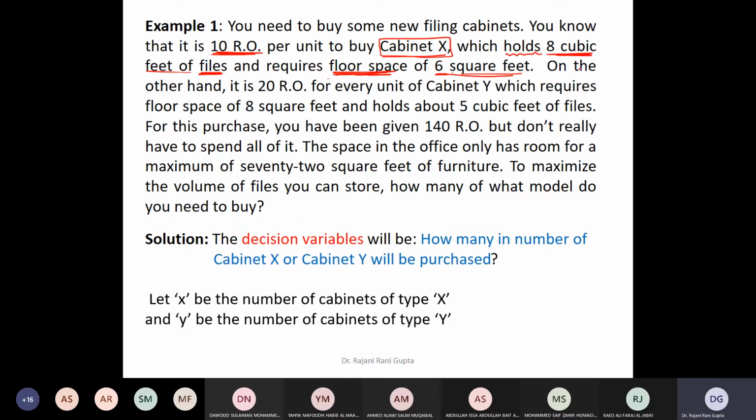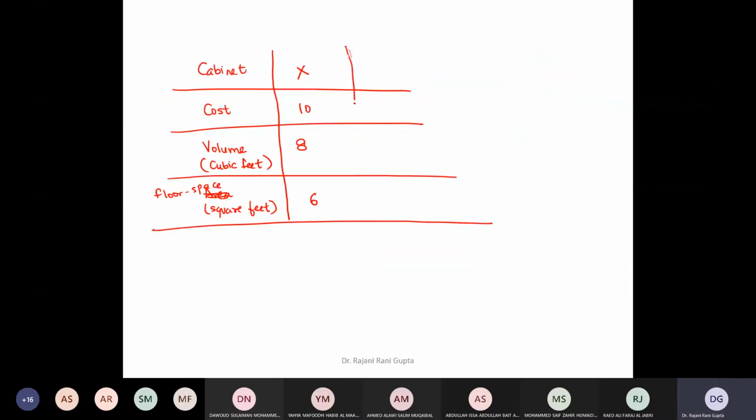On the other hand, it is 20 riyals for every unit of cabinet Y. So now they are talking about the second model of cabinet, which is cabinet Y. So let's write here cabinet Y. The cost is 20.